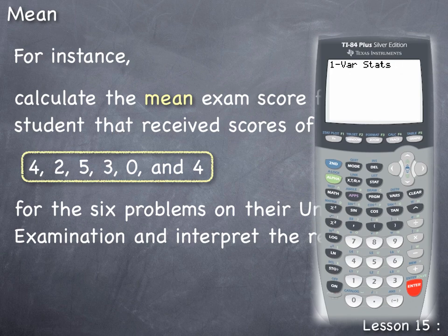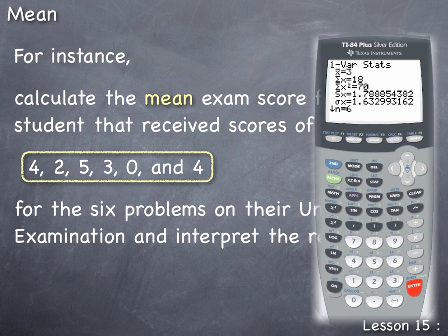Then you have to tell the calculator which list you want it to calculate the 1-bar stats for. Since we put the exam scores into List 1, we indicate List 1 by pressing second and the number 1. That's the shortcut to L1, or list 1. Press enter. The calculator has calculated all kinds of statistics for us, including the mean.